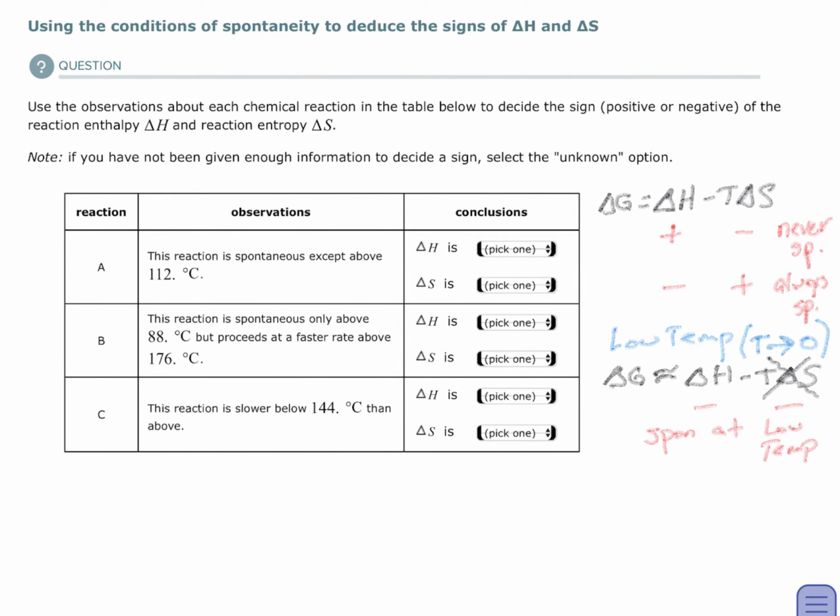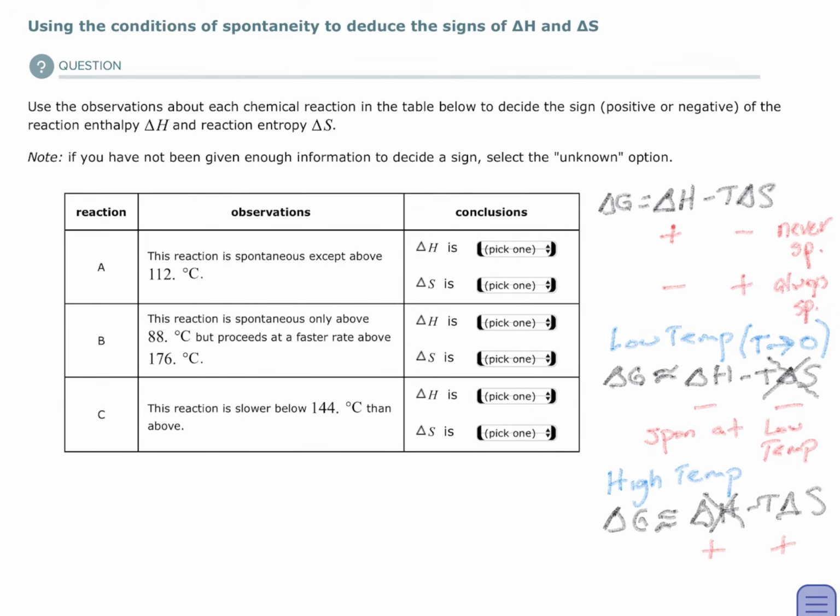The other possibility is if you have high temperatures. Then your T is so big that your negative T delta S is so much bigger than your delta H that I essentially ignore delta H. I just think of it as the one term. I'm making the temperature so large that the other one is dwarfed in comparison.